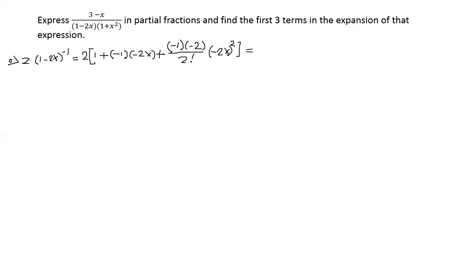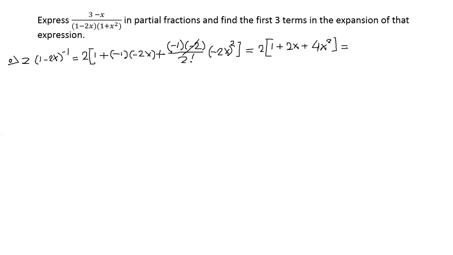And next, calculate: 1, negative 1 times negative 2 gives plus 2x. Okay. And for these terms, divided by 2 factorial, equals 1, plus 4, because negative 2 squared is 4, x squared.